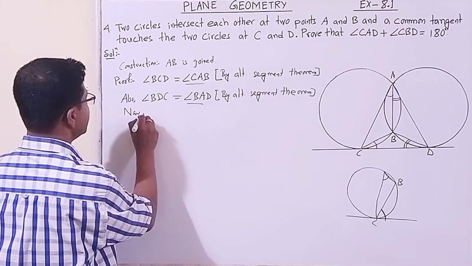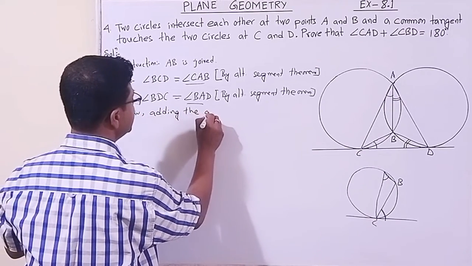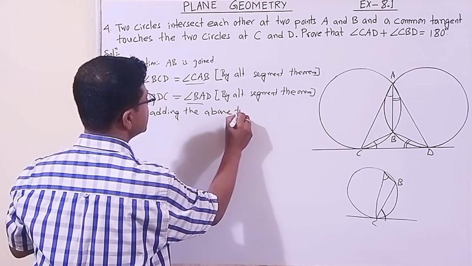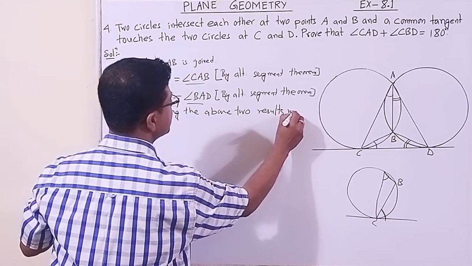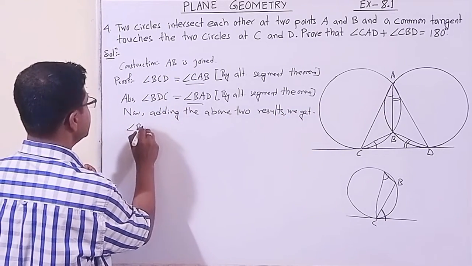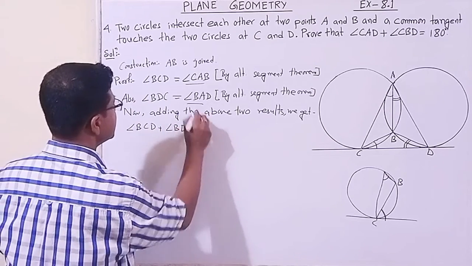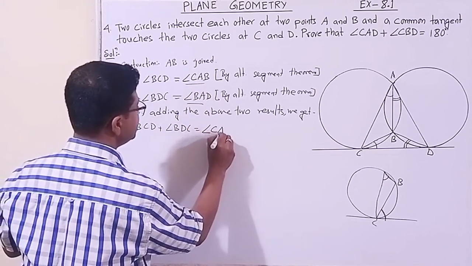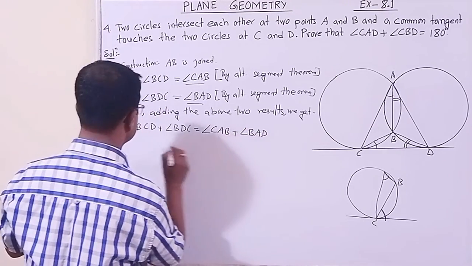Adding the above two results, we get, the solution is very simple. Just let us add angle BCD plus angle BDC. What is the sum here? Angle CAB plus angle BAD. Got it?